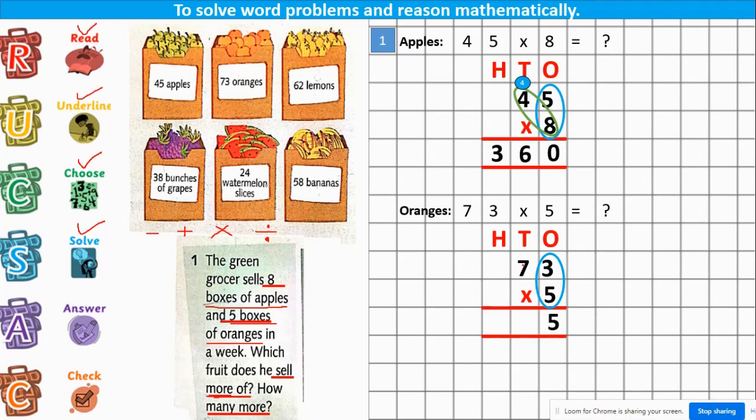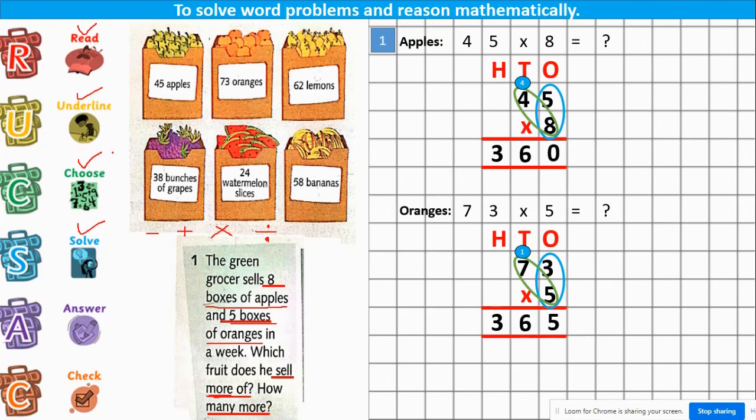So 5 is down and 1 is carried over on top. Then we multiply 5 and 7. 5 sevens are 35 plus 1 over here, that is 36. So we write 36. So this is the answer for 5 boxes of oranges.